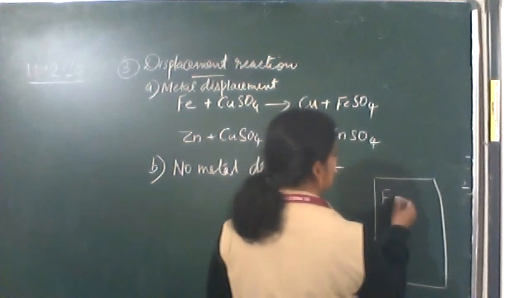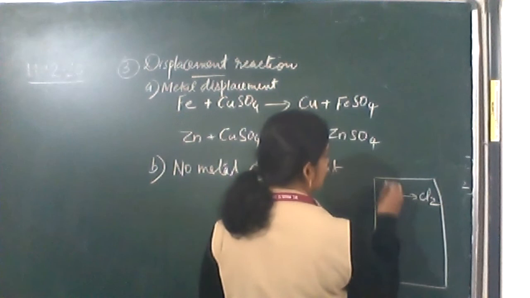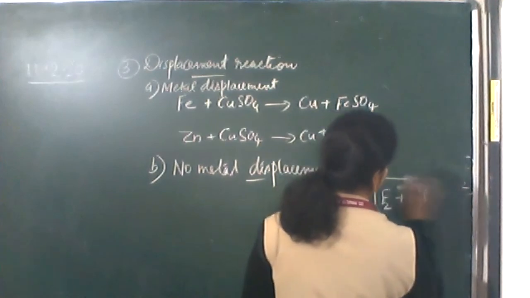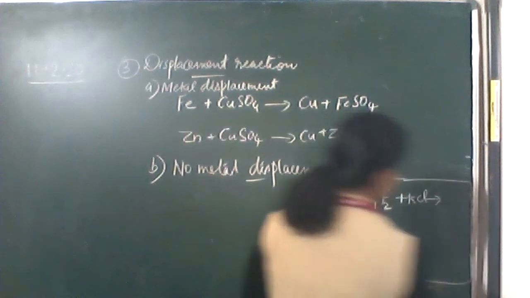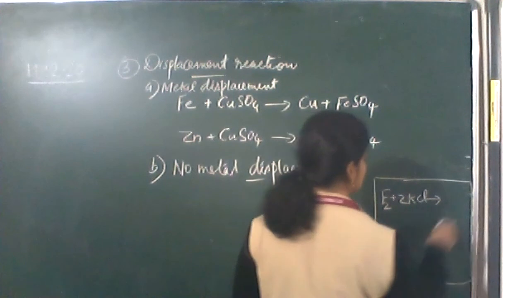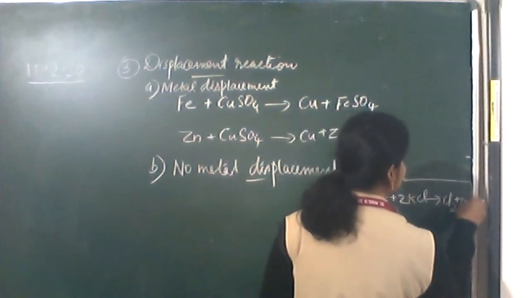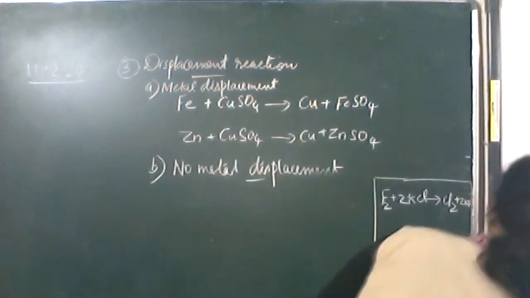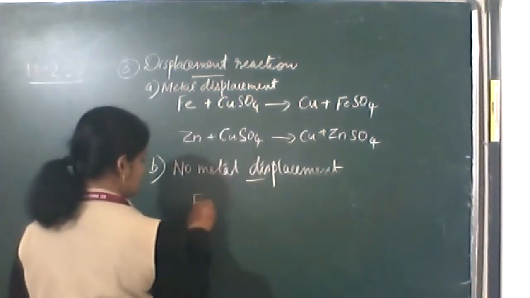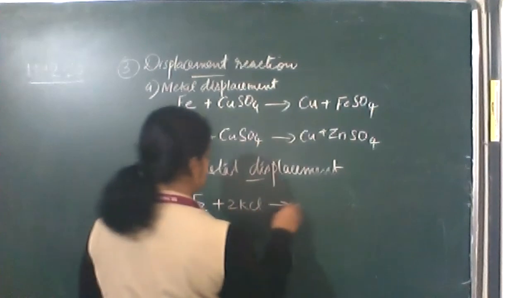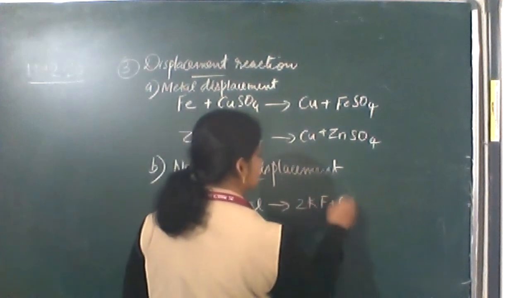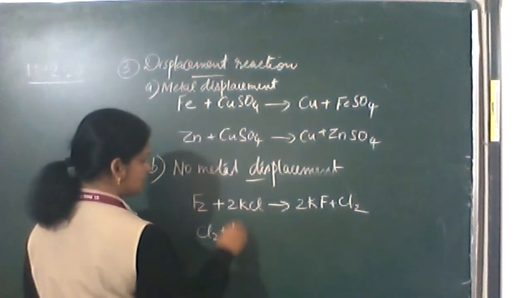Fluorine can displace chlorine: F2 plus 2KCl gives 2KF plus Cl2. That means F2 can make Cl2.